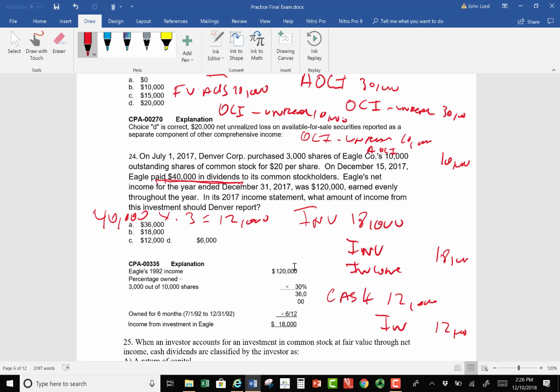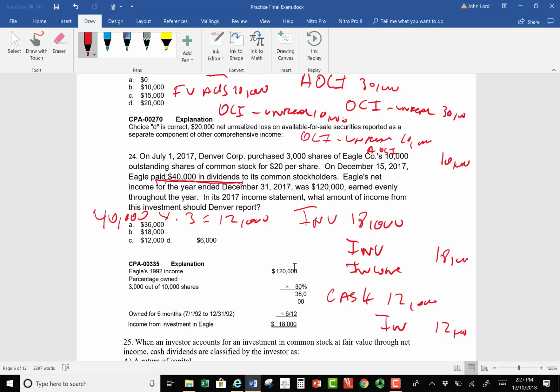I could say, what is the carrying value of the investment at the end of the year? Well, I bought 3,000 shares at $20 per share. 3,000 times 20 is 60,000.